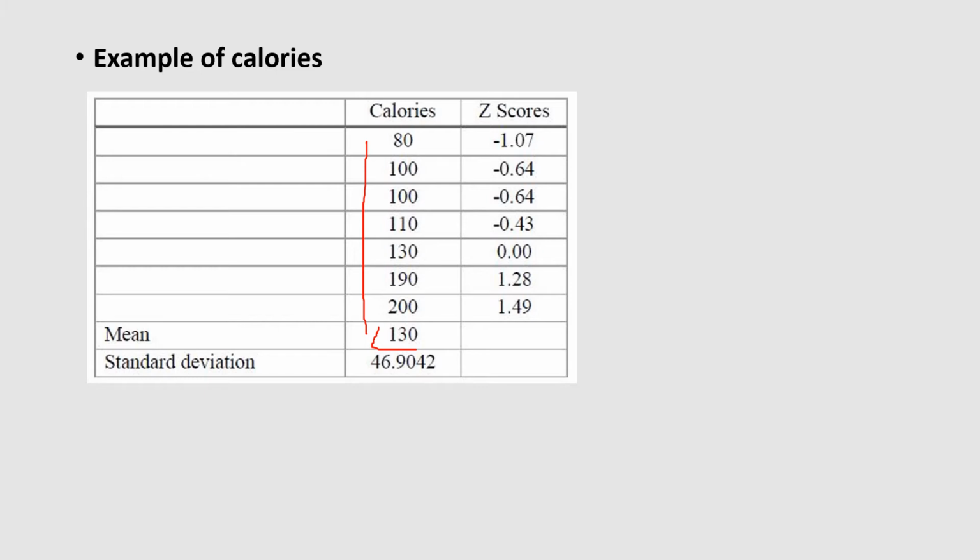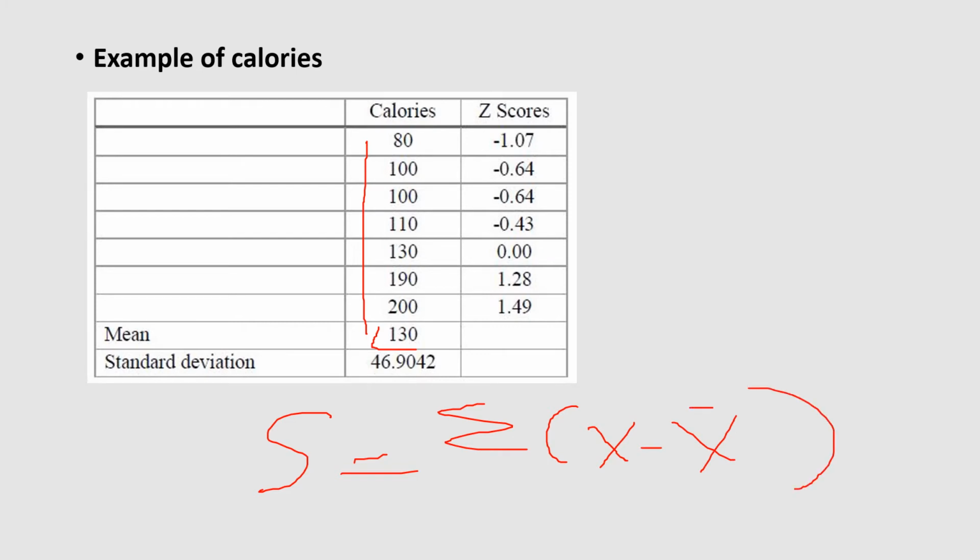So that equals 130, and before you are able to compute the z-scores, you need to compute the standard deviation first. So what you need to do is simply sigma (x minus x bar) squared, just like we did in the previous video using a table, and then divide by n minus 1.